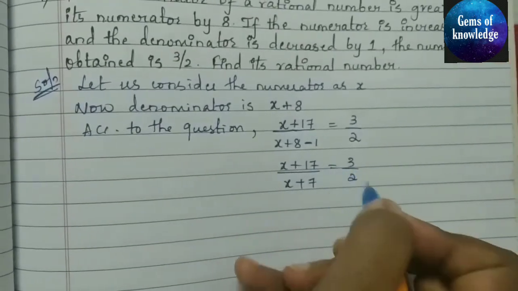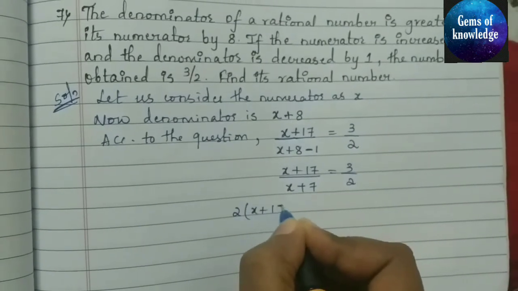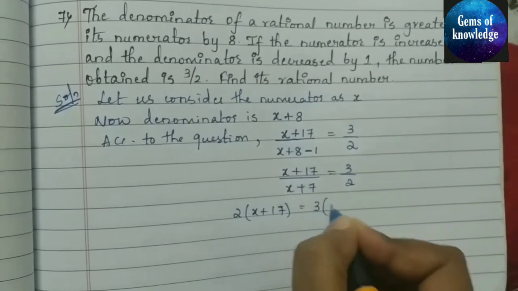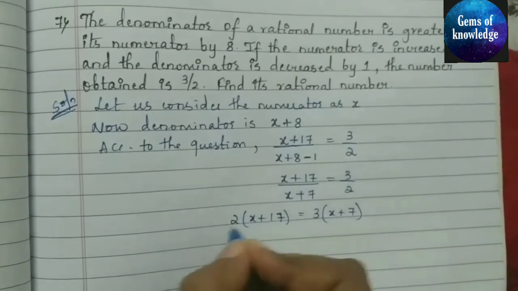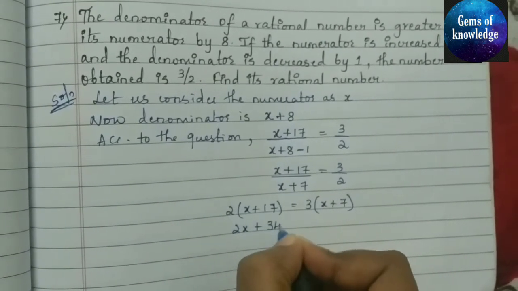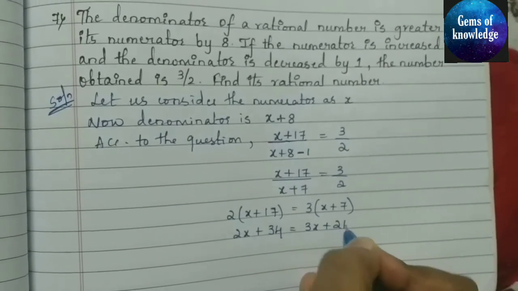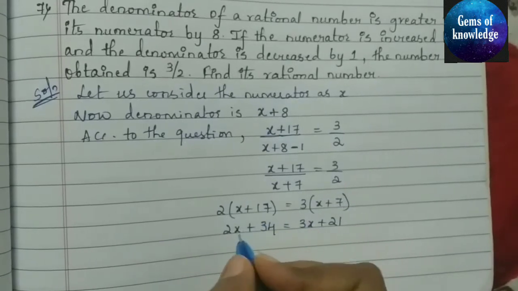Now we will cross multiply here. So we will get 2 into x plus 17, which is equal to 3 into x plus 7. So this will become 2x plus 17 2s are 34, which is equal to 3x plus 7 3s are 21. So let us bring this to this side.